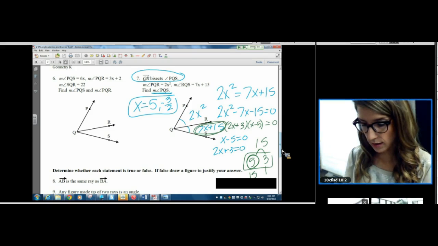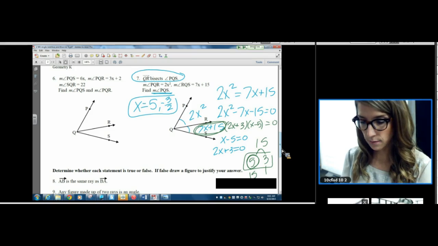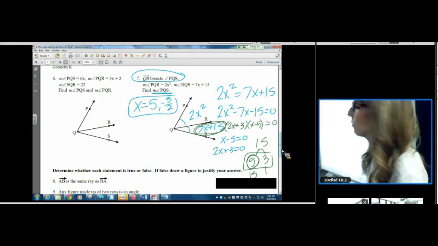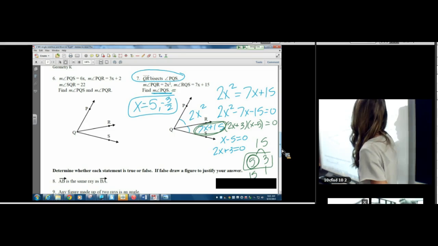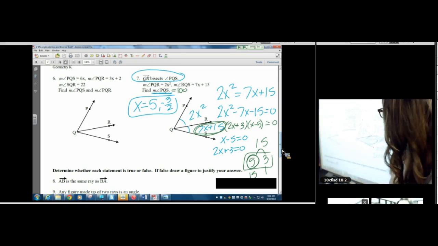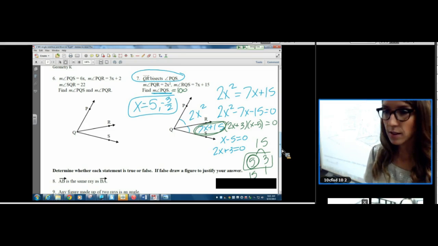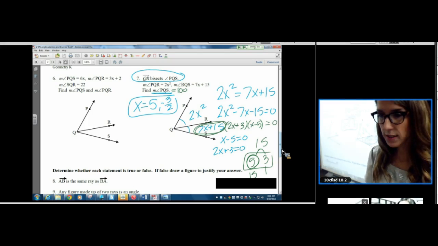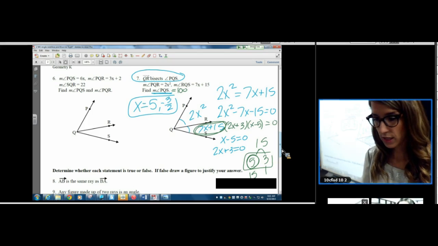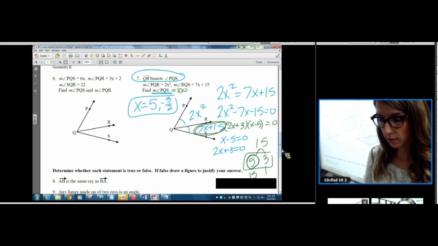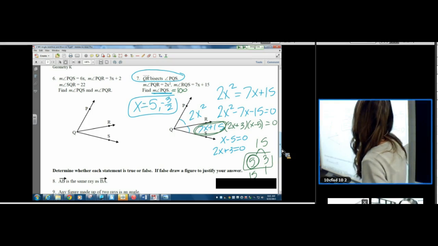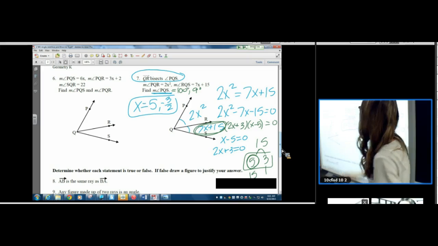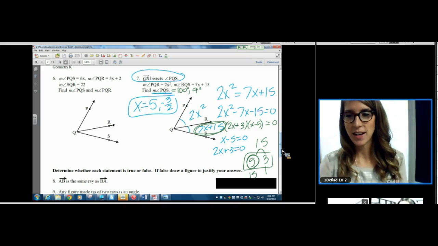So we would do 7 times 5 plus 15, and then I would double it, times 2. 100. And then I would do 7 times negative 3 halves plus 15, and I would double it. There's a big difference there. So it's either a 100-degree angle or it's a 9-degree angle.